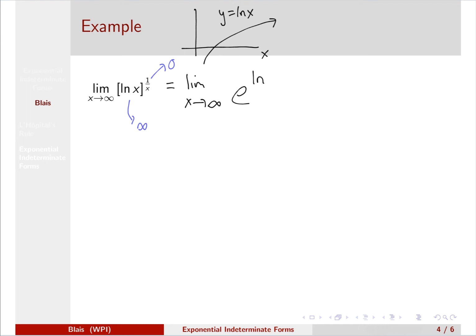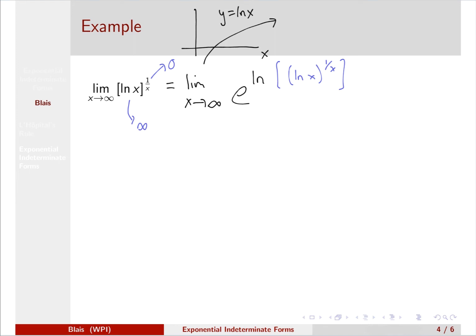So I find this to be the most natural way to do this, because by writing this as e to the natural log of that original expression, natural log of x raised to the 1 over x, we haven't changed anything. And again, because e and natural log are inverse functions, nothing here has changed.